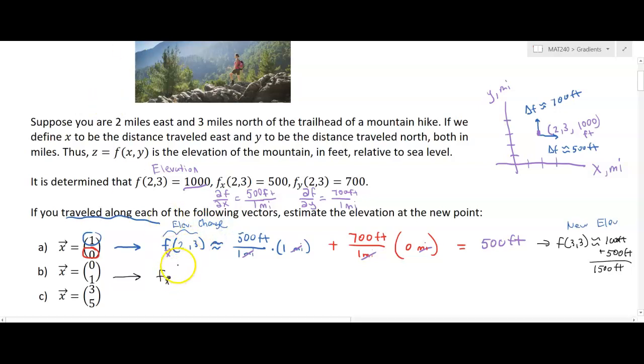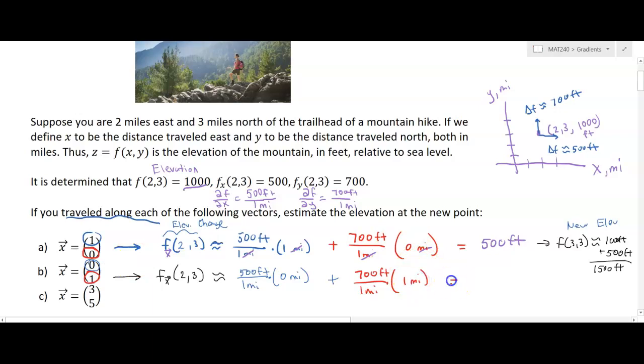Okay, so f sub x at the point 2, 3 for this new vector is going to be approximately, well, it's still 500 feet for every 1 mile we travel east, multiplied by how many miles we travel east, which in this case is 0 miles, plus how much our elevation changes by traveling in the y direction, which is 700 feet per 1 mile, multiplied by how far we travel in the y direction, which is 1 mile.